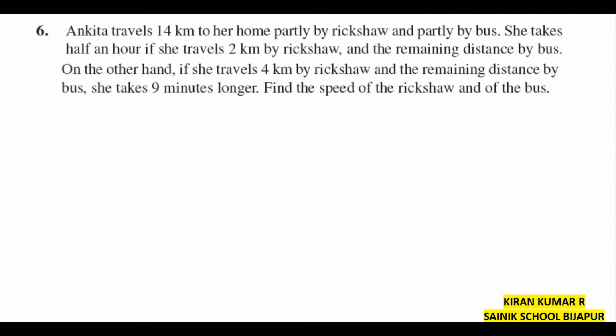She takes half an hour if she travels 2 km by rickshaw and the remaining distance by bus. On the other hand, if she travels 4 km by rickshaw and the remaining distance by bus, she takes 9 minutes longer. Find the speed of the rickshaw and of the bus.